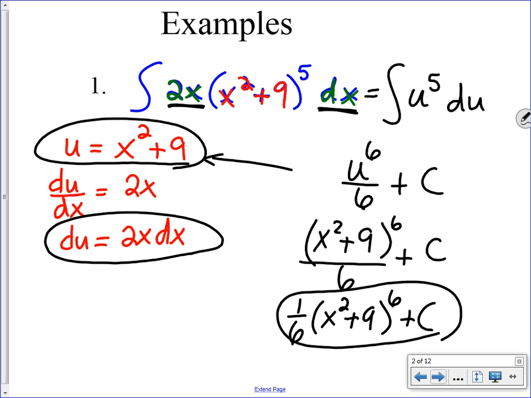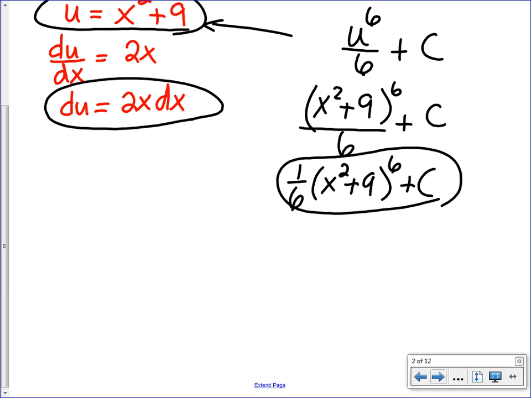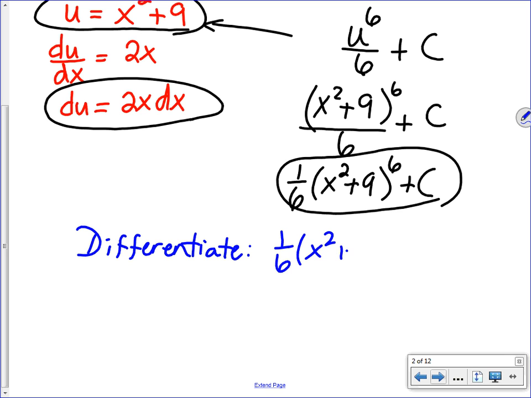Now, I just want to show you that this does work. Remember, you can always check yourself by finding the derivative. It should get us back to the beginning. To find this derivative, I'd have to use the chain rule.